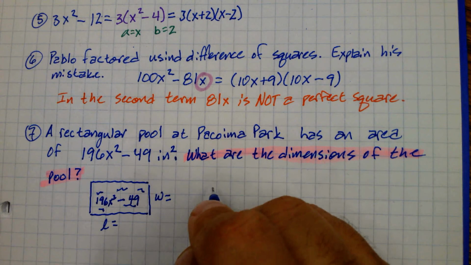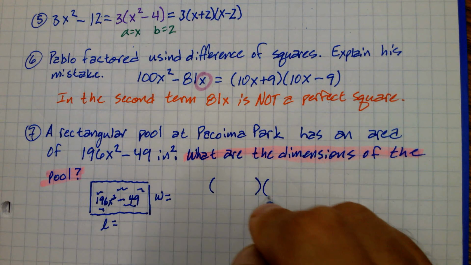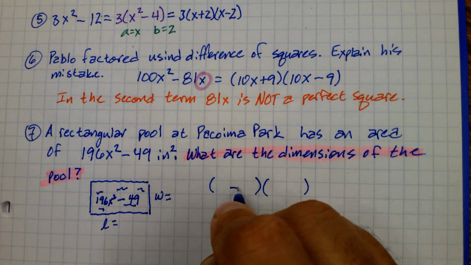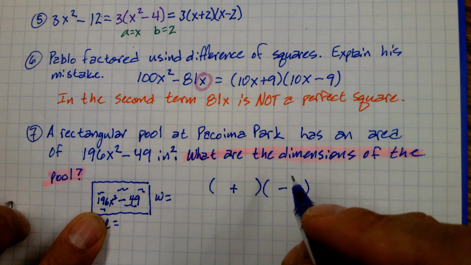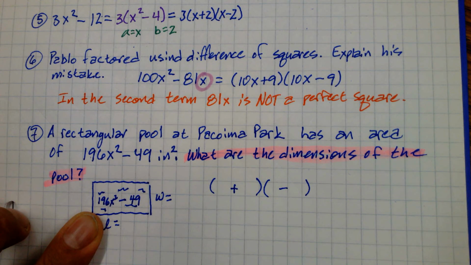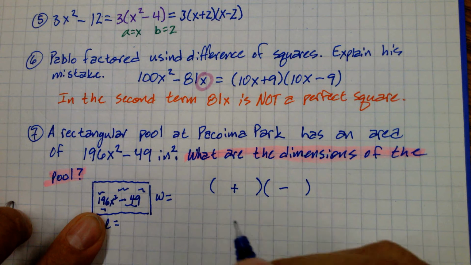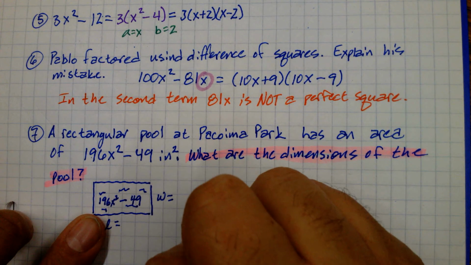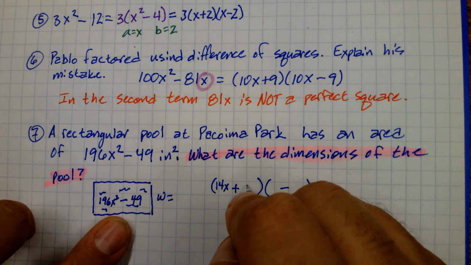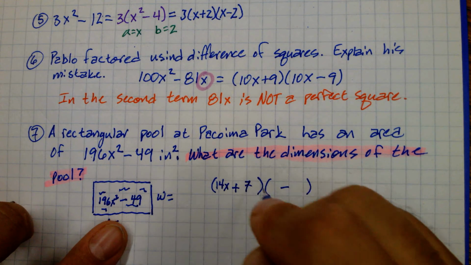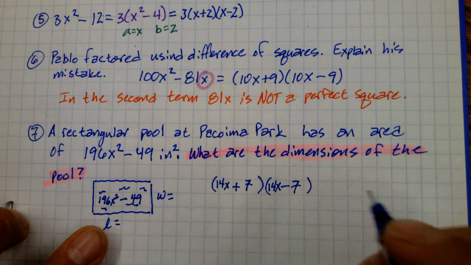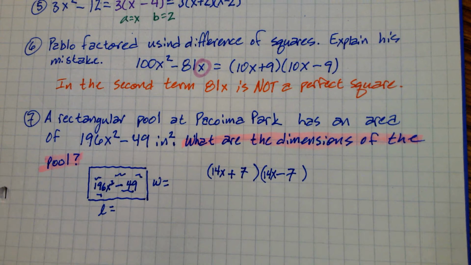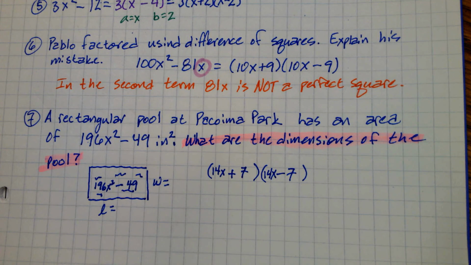196x squared minus 49. What are the two factors we get? Well, how about 196? It is a perfect square. 14 times 14 is 196. So it's 14x plus 7, and then 14x minus 7. Okay. Let's say it's this shape, where the length is longer than the width. Who's our candidate to be the length?